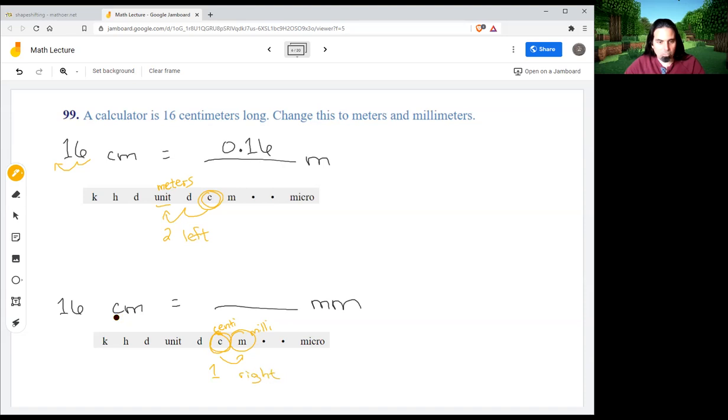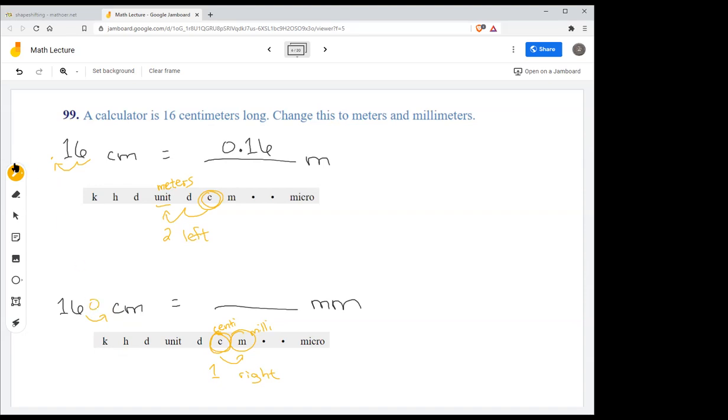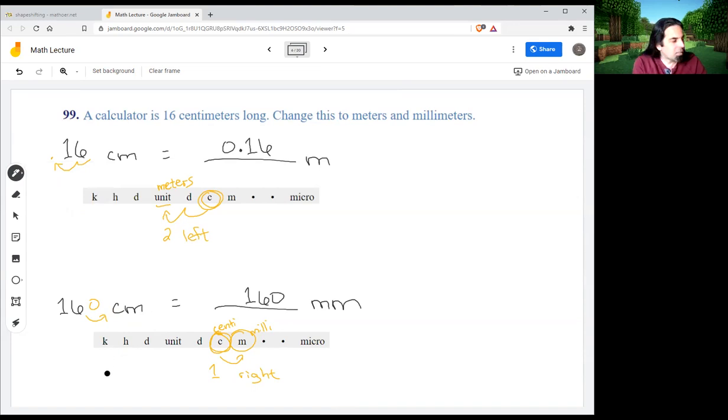What do I do when I sort of go to the right of something? Add a 0. Ta-da. So you don't have to write out any times tens, or divided by hundreds or things like that.